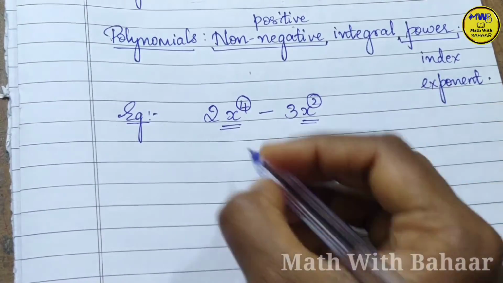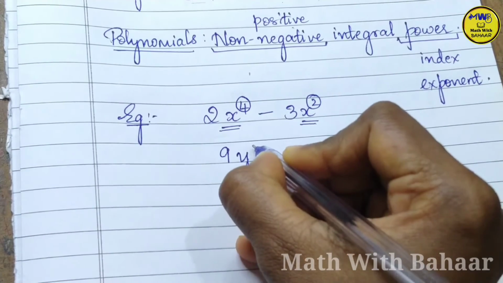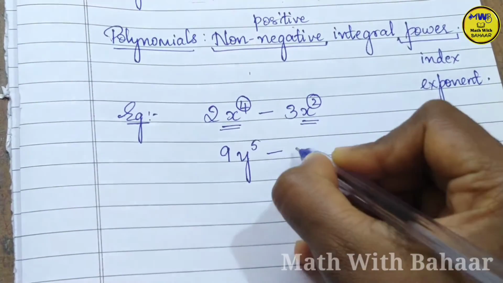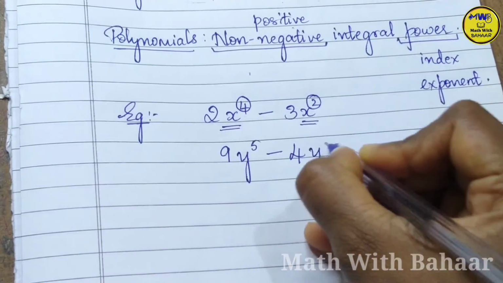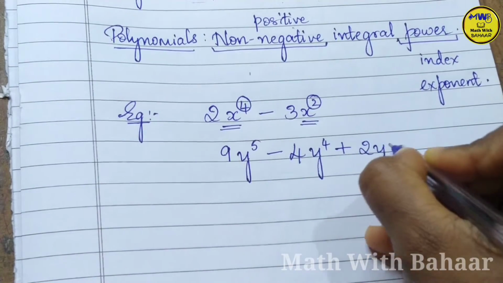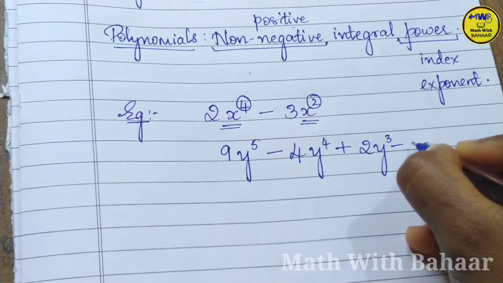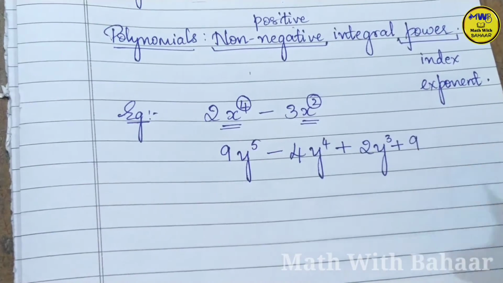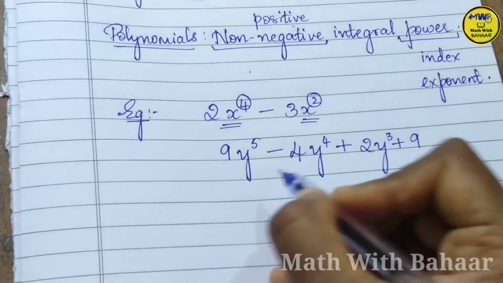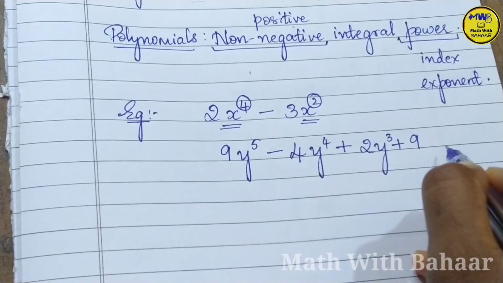Let's have one more example. 9y to the power of 5 minus 4y to the power of 4 plus 2y to the power of 3, that is 2y cube, plus 9. So you can use this expression now and tell me, is it a polynomial?